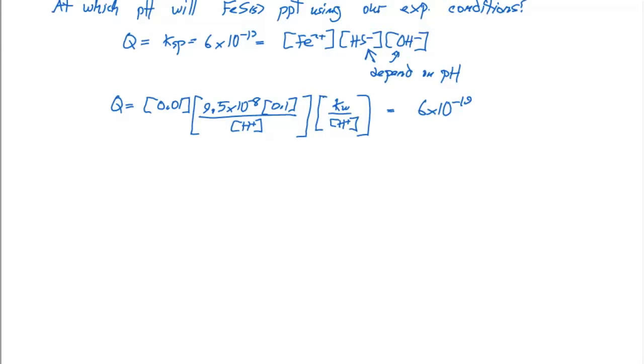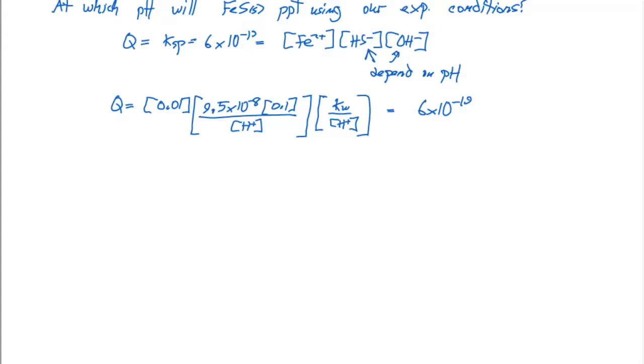So if you're looking for a formula, you can always generate this formula right here based on given information. But this formula right here will allow us to calculate pH, because what we can do now is solve for the H plus concentration, and that will allow us then to calculate the pH.